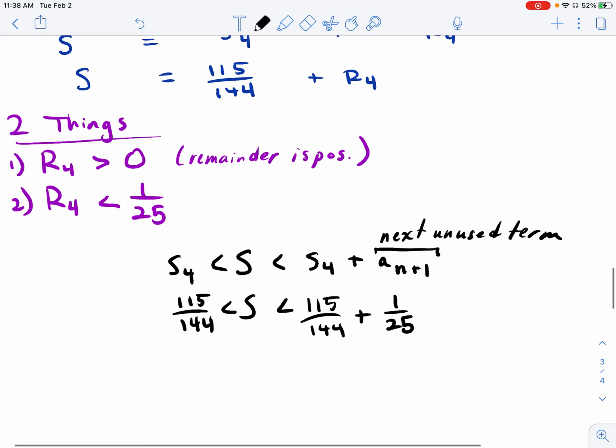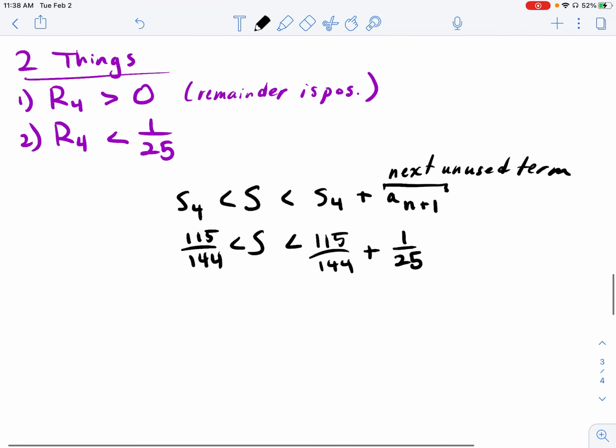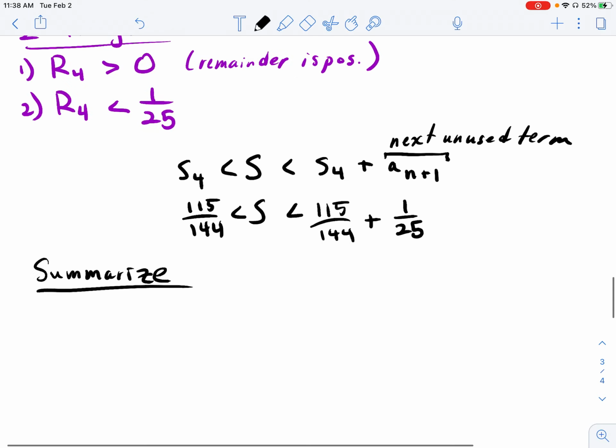Okay. So to put this plainly, we can say that our remainder, or our error of our approximate sum, is... to summarize, basically what we're saying here is the following. We can say that the absolute value, and I'll talk about why we're using absolute value in a bit, but the absolute value of our sum minus our partial sum.